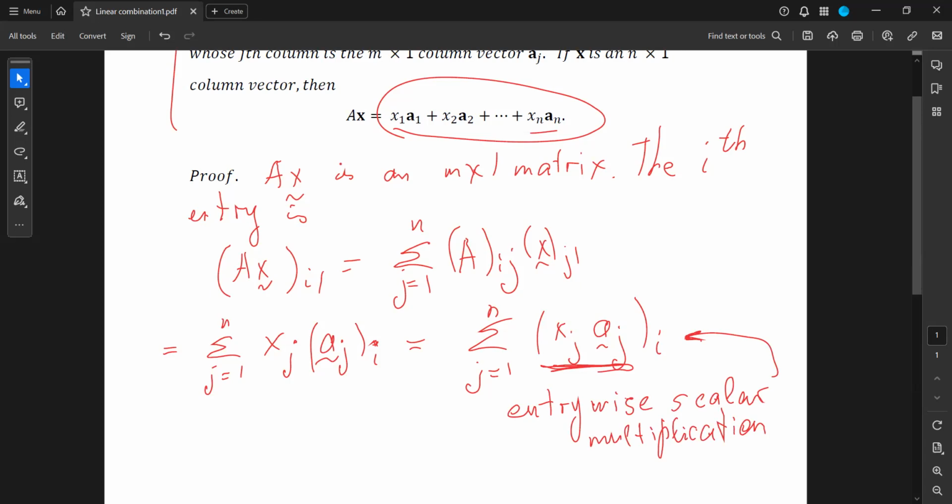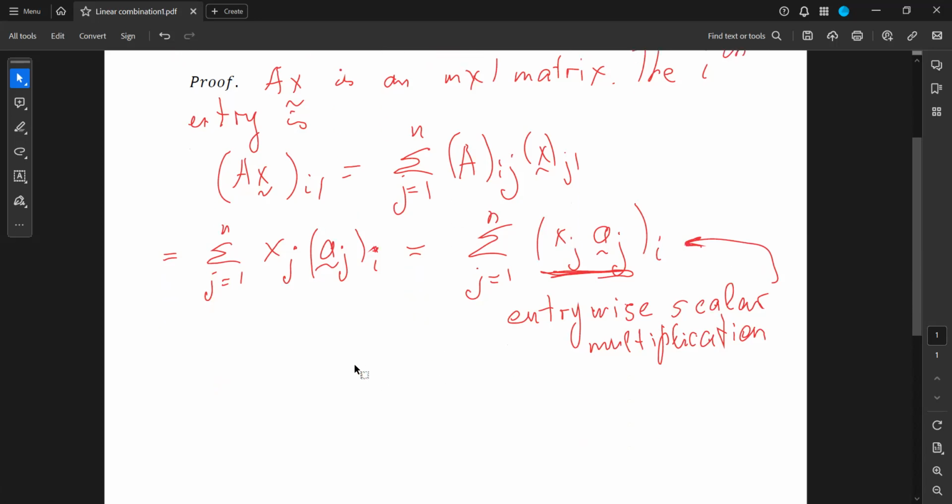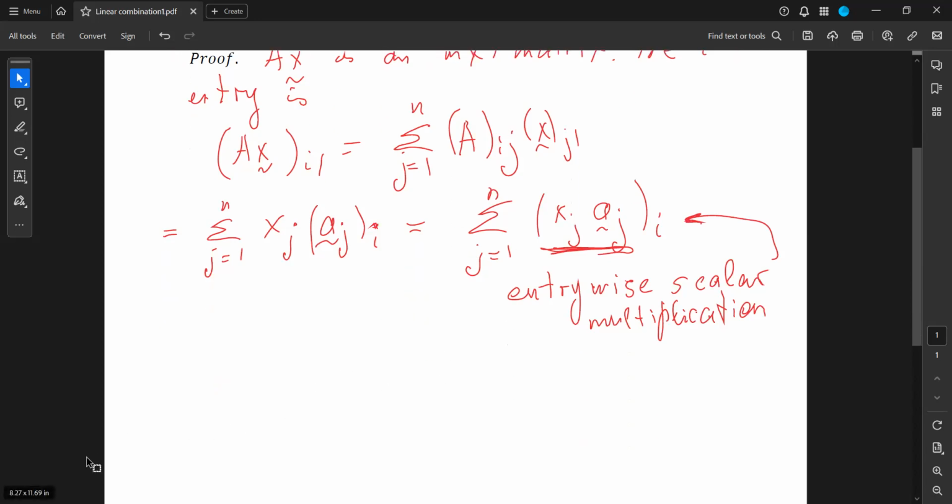And then we define addition. The sum of the xj Aj is a vector, and I'm looking at some i-th entry of that, and I know by definition of how I add vectors, or more generally matrices, that I do it entry-wise.